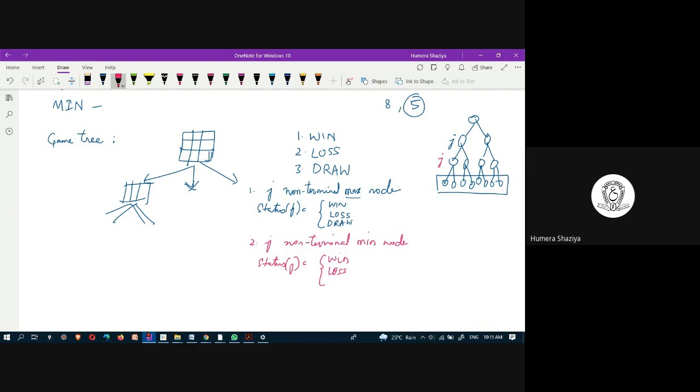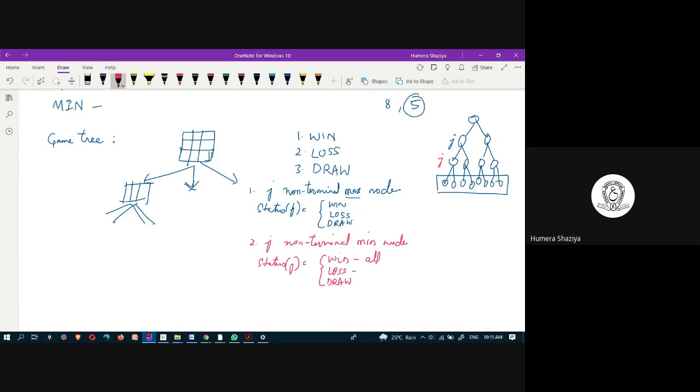It can be win, it can be loss, it can be draw. It wins if all J's successors win. Here, what is the case? If any one of the successors wins, max node J non-terminal wins. Here, if all win, then the min node will win.